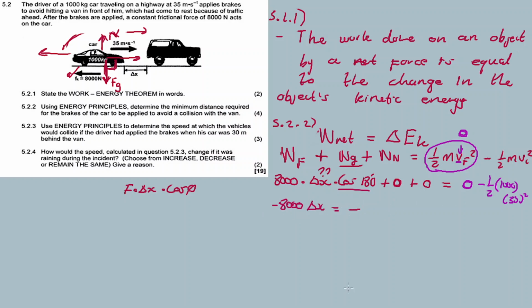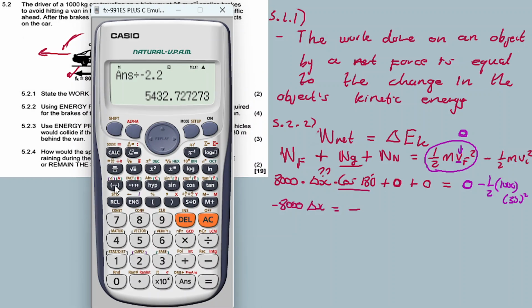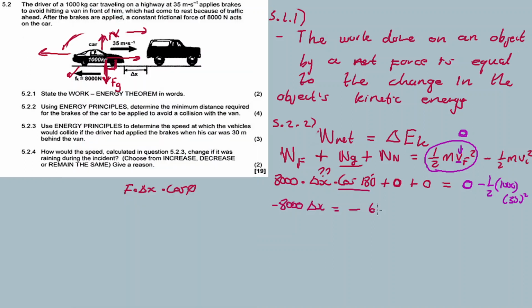Then on this side it is minus 1/2 times 1,000 multiplied by 35 squared, which gives -612,500.